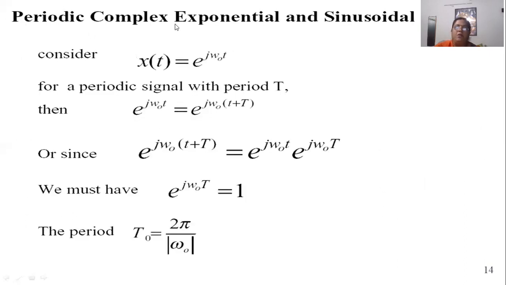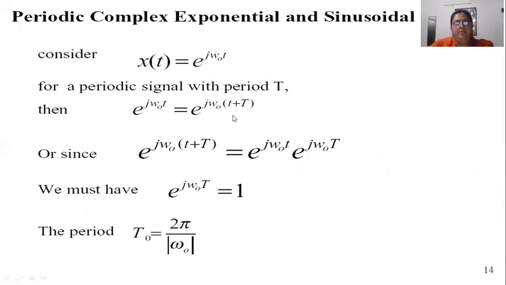Now the periodic complex exponential and sinusoidal signals. If we consider x(t) equals e to the power of j omega naught t, for a periodic signal, t will be replaced by t plus T. So it will be shifted, and if the periodic signal follows this rule, then we can say the signal is periodic.